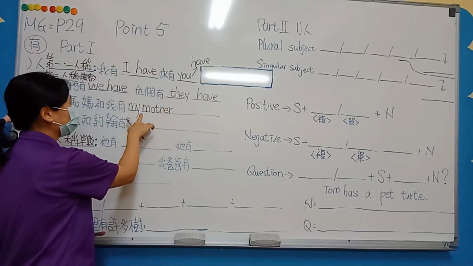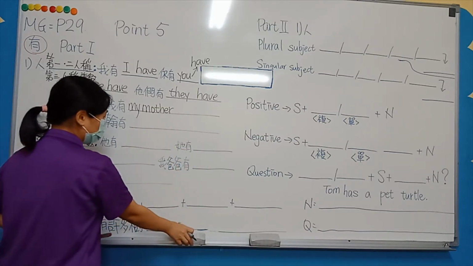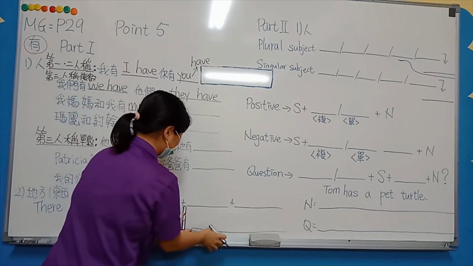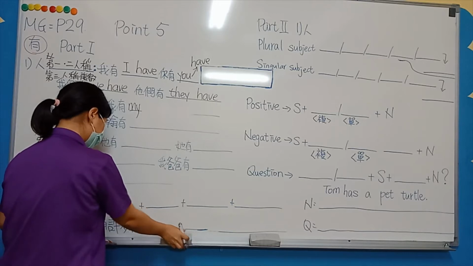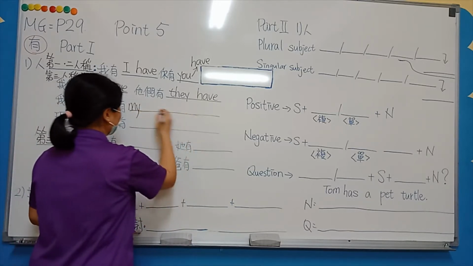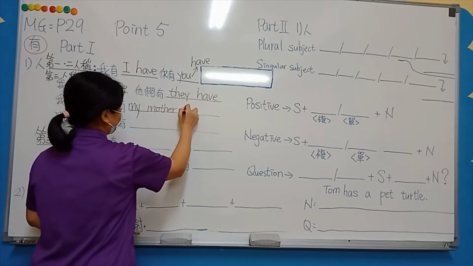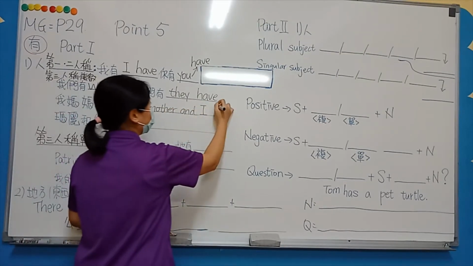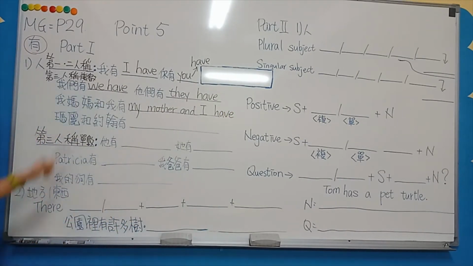You have space here because my line is too short, so I write very close. Let me erase. My mother and I. Capital I. Have. 玛丽和 John.